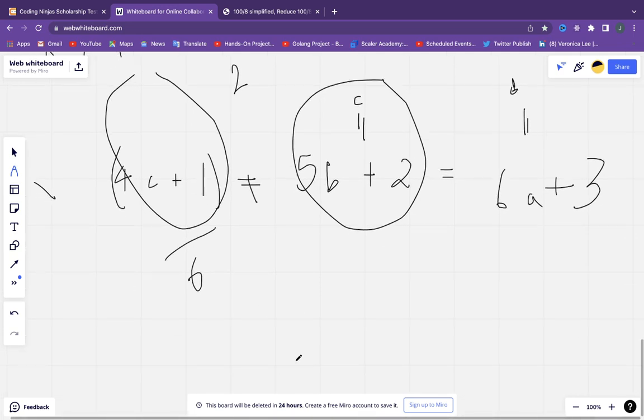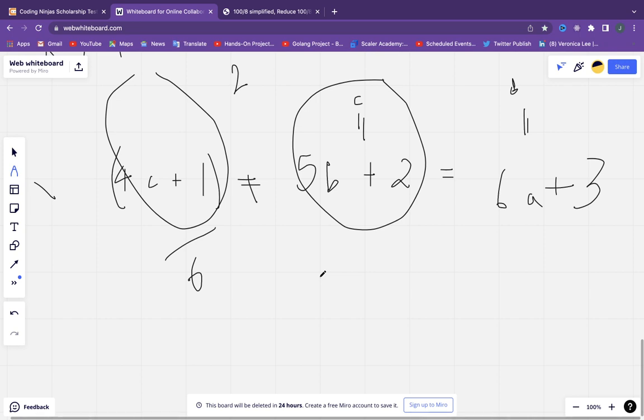How will we find this? Since we can convert, can we convert everything into A? Of course we can. Let me calculate quickly.